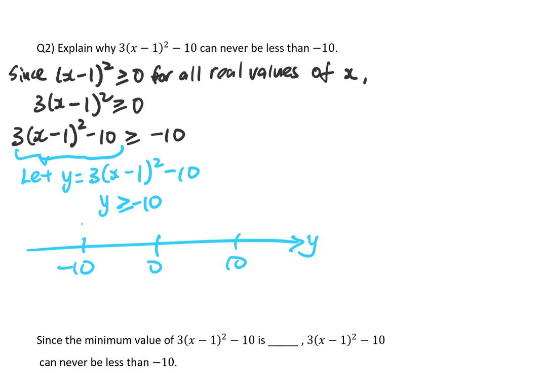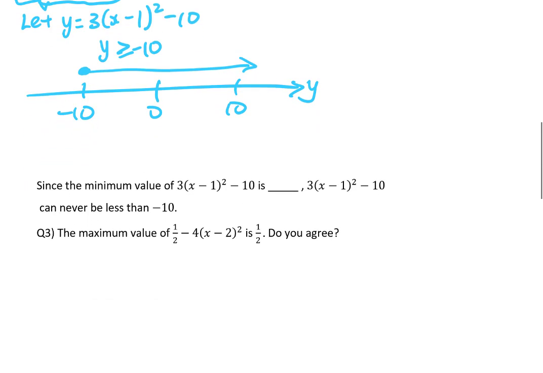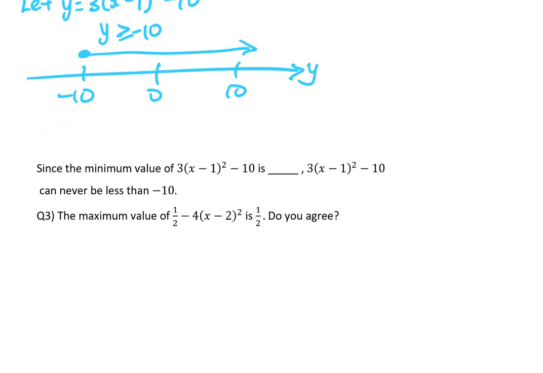More than or equal to minus 10 means a shaded dot pointing towards the right. So this tells me that 3 bracket x minus 1 squared minus 10 cannot fall less than minus 10. It can never be less than minus 10. Why? Since the minimum value of 3 bracket x minus 1 squared minus 10 is minus 10.